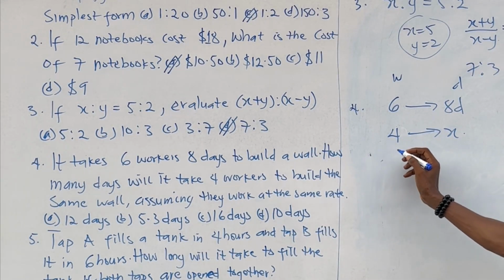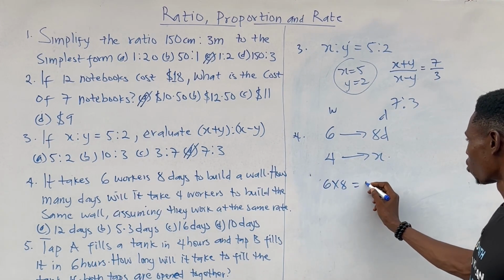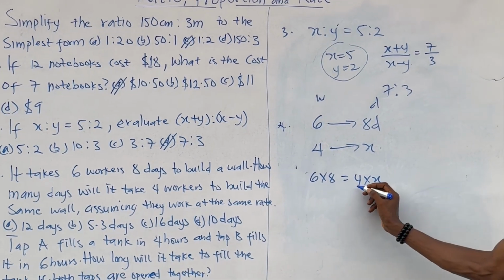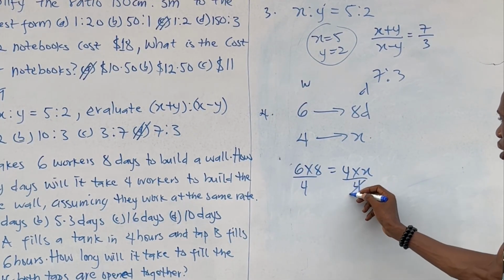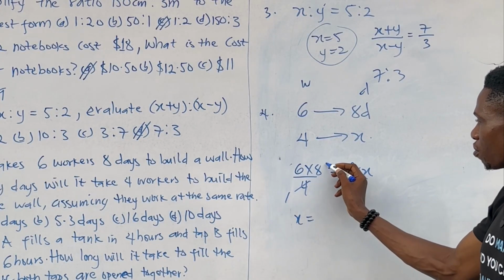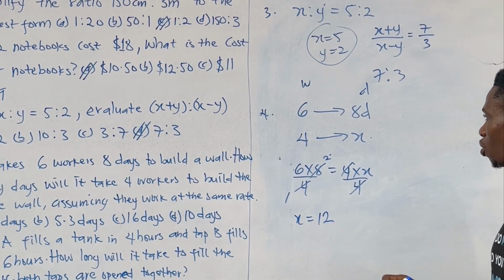So let's go. This will give us 6 multiplied by 8 equals 4 multiplied by X. And we can divide both sides by 4 easily to get our value. So 4 cancels, for our X will be equal to, 4 in 8 is 2, and 6 multiplied by 2 is 12.